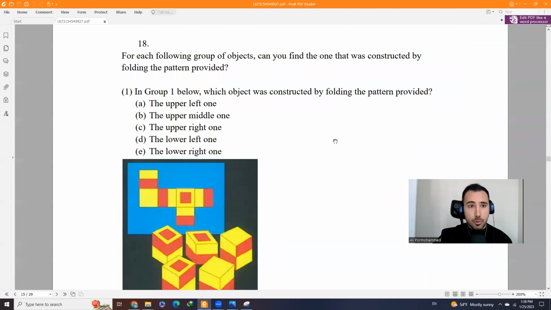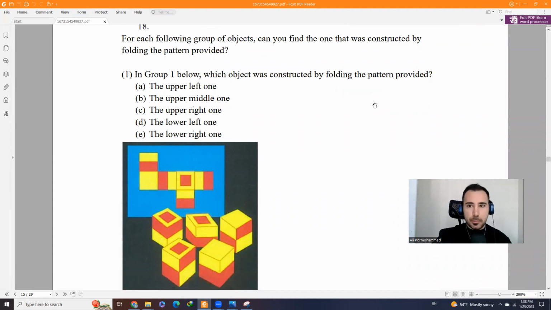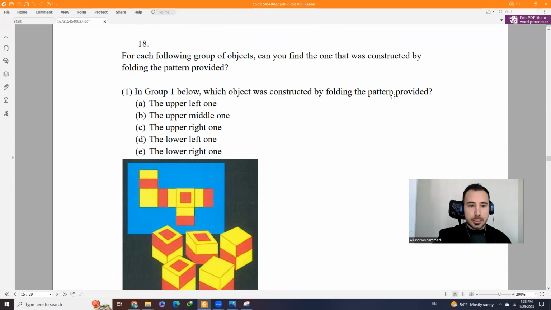And then for question 18, I think this question wouldn't be really challenging, but we're gonna do it, at least some of it. So read the question, please. Okay, so let's see how I think we could answer these questions.